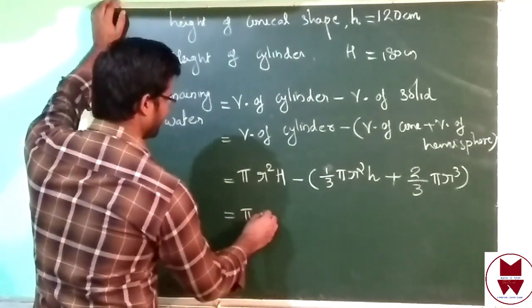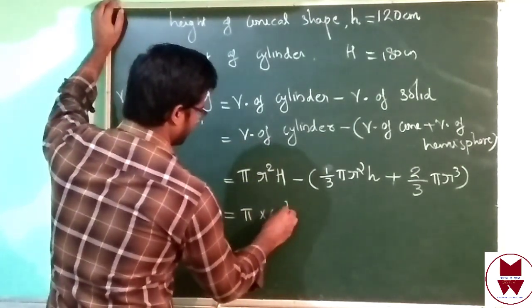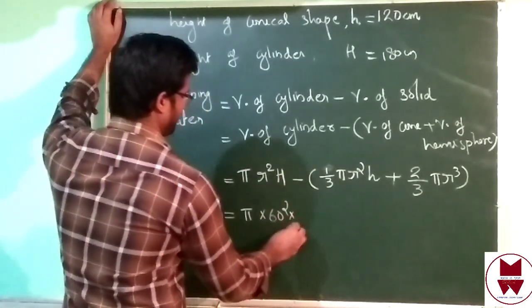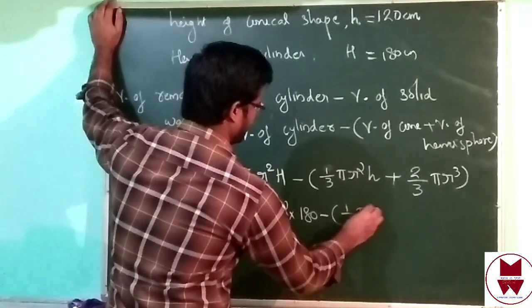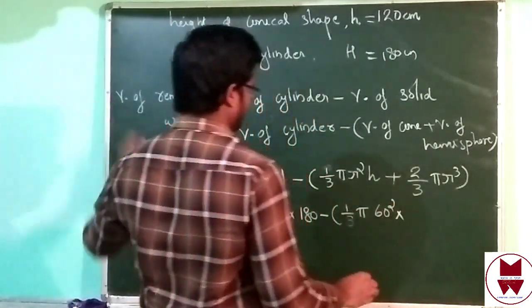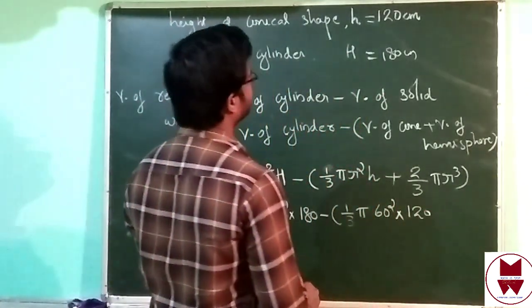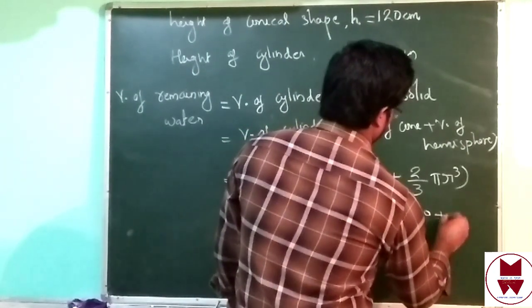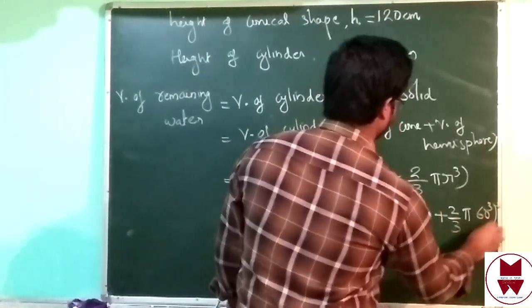Then pi, r square means 60 square, into H, capital H is 180, minus 1 by 3 pi, r is 60 square into h, small h is 120, minus 2 by 3 pi 60 cube.